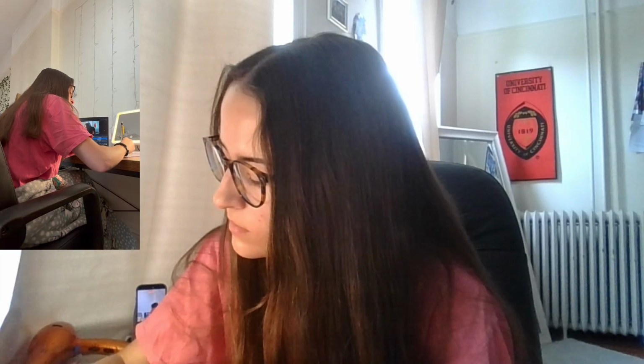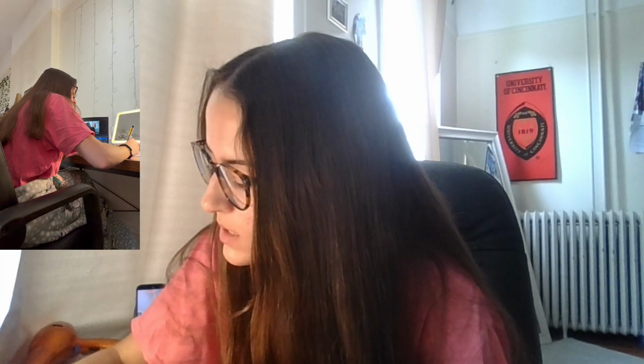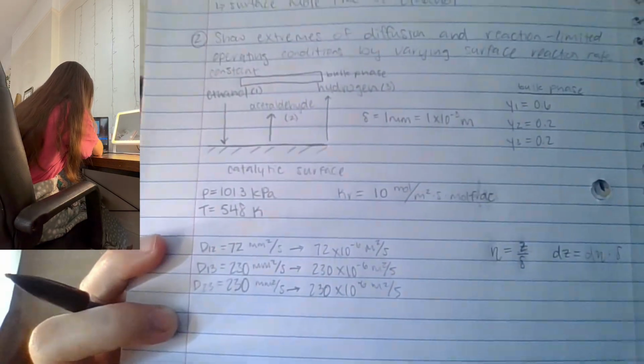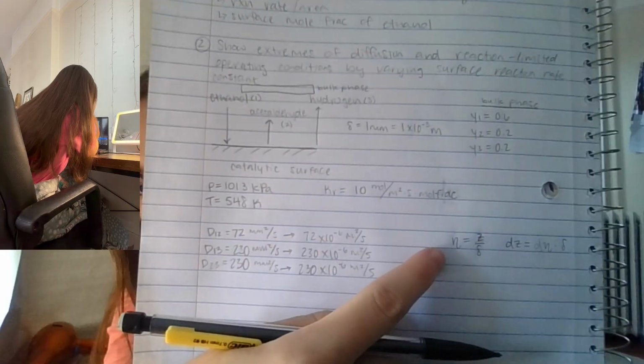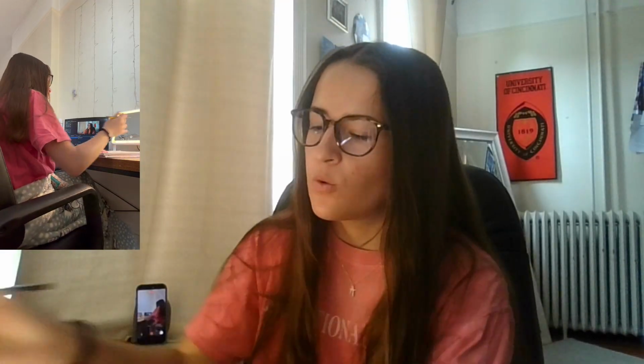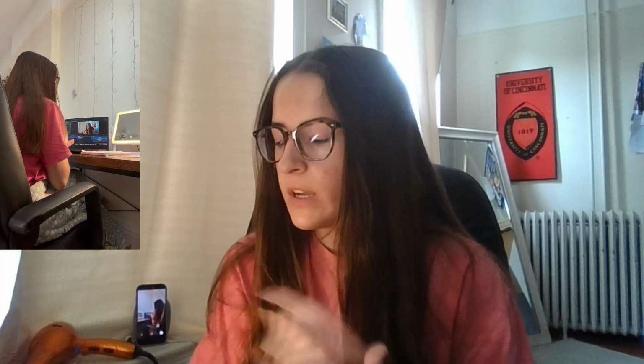So we can also recall that dz equals d curly n times delta. So this should look pretty familiar to you. This is what we did in that other example too, in order to factor in our delta into our Stefan-Maxwell equation.